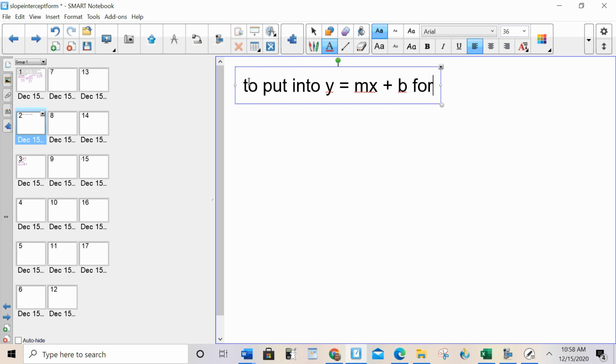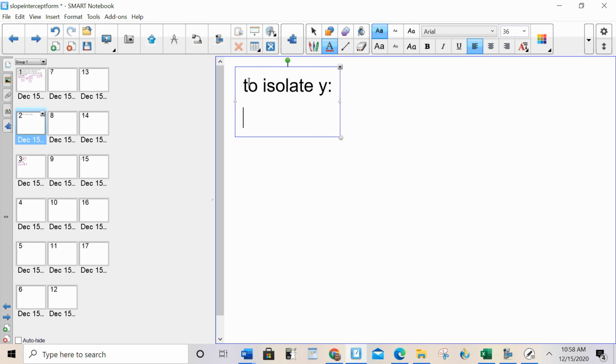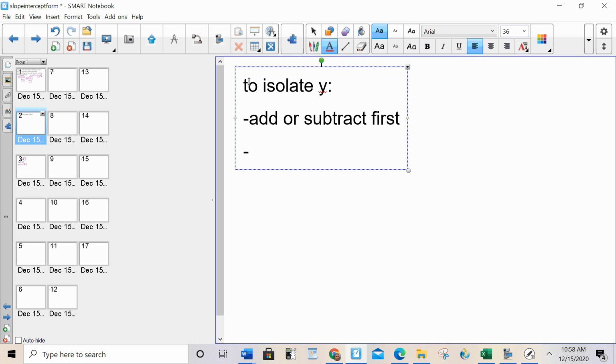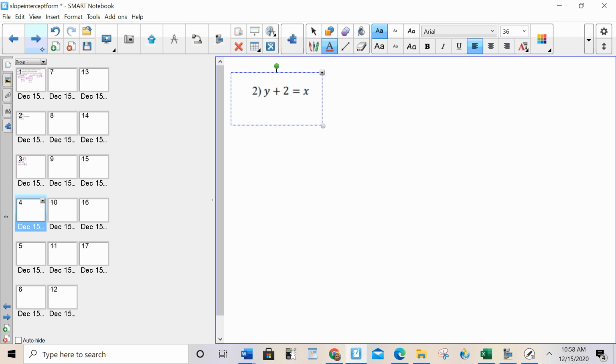To isolate y, we add or subtract first, we divide last. And these are the same rules of isolating we've been doing since 7th grade. You may need to get rid of parentheses and some other stuff here, but the main thing, you're isolating y, you're always adding or subtracting first or dividing last.